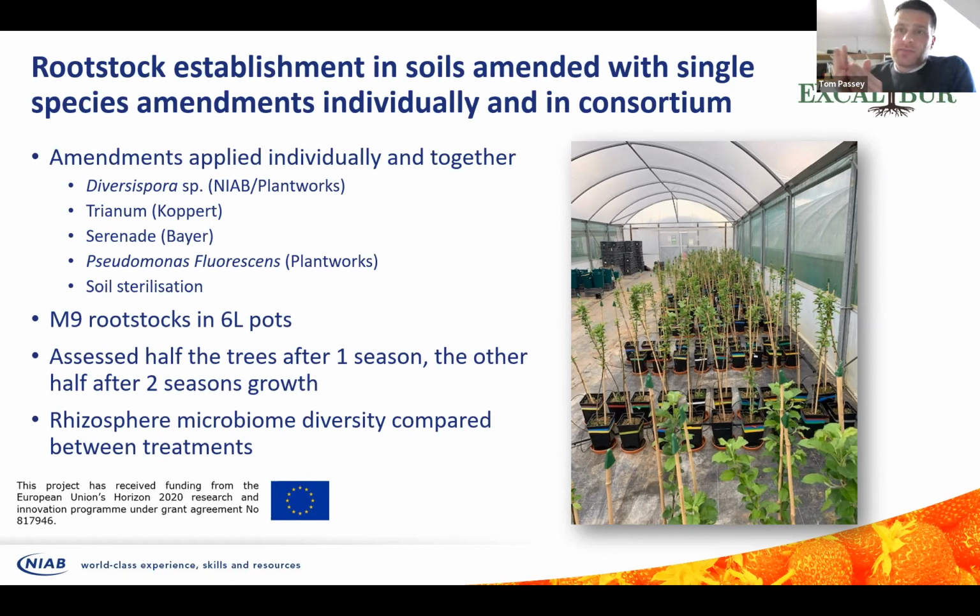Because it's such a complex disease where we don't know quite what might be the cause of replant disease, it might be that different beneficial amendments work better against some of the causes than others. And it may be that a combination of some of these beneficial organisms works better than relying on one or two on their own, especially if you're trying to roll this sort of thing out to various growers as opposed to focusing on just one particular site.